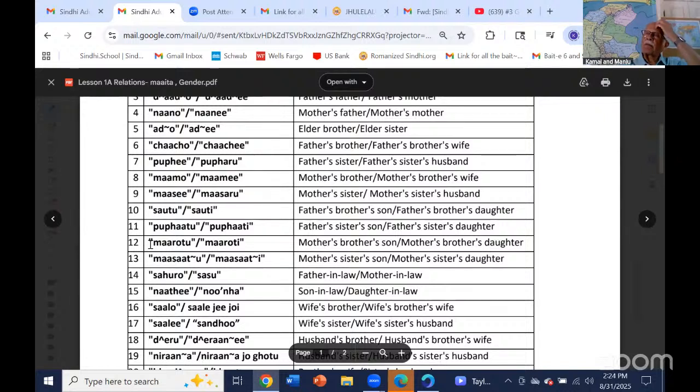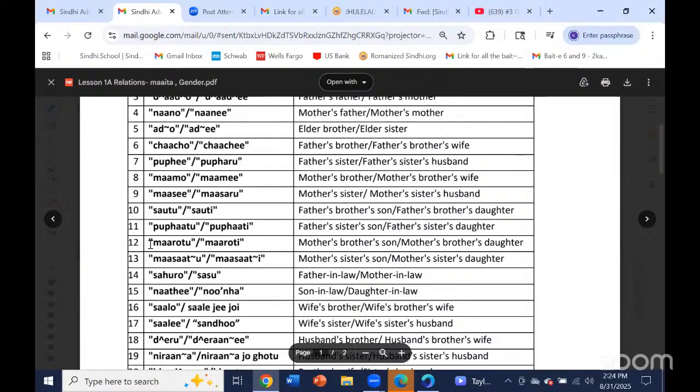Now, mama's son, mother's brother, he has got sons. The Marotu. And he has got a daughter, Marote. Marotu, Marote. Who has got a Marotu and who has got a Marote? Your mama's children? Yes.